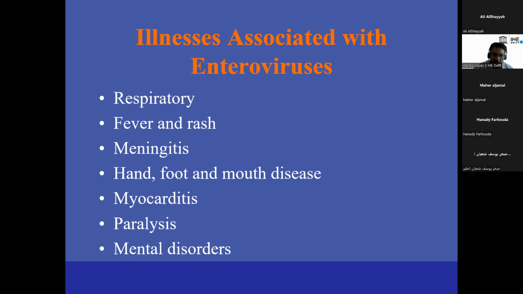Partially this is caused by the fact that they may not only infect the enteric tract, but they also move within the body, reaching different organs like the lungs or even the brain. And that's how they can lead to these extreme effects related to paralysis or mental disorders.